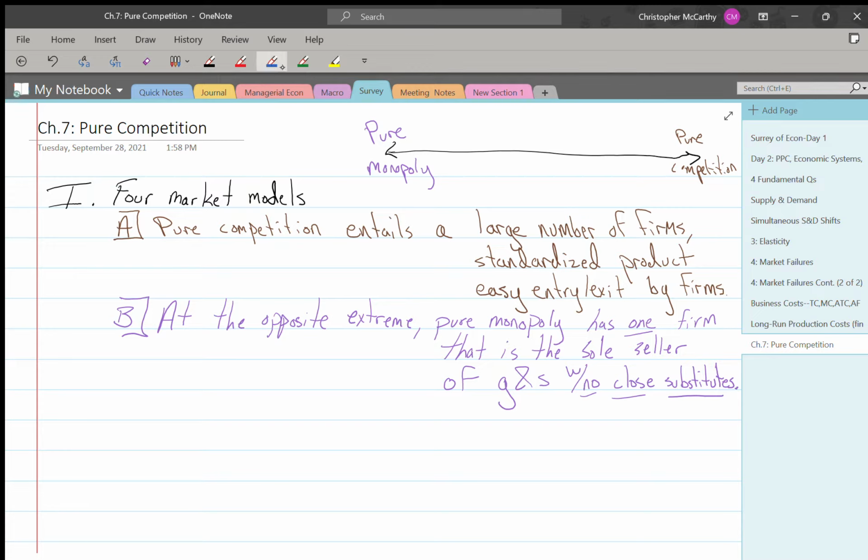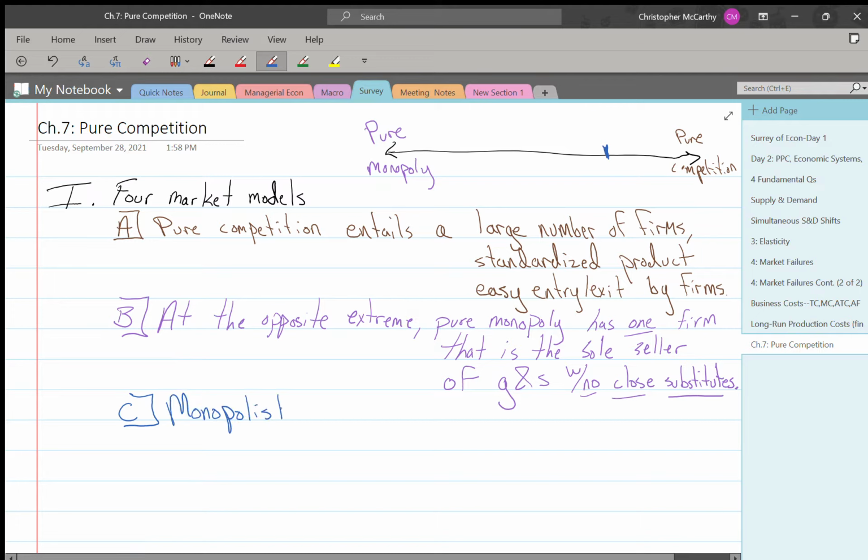Now, what's in the middle here? In the middle, we've got the thing that's closer to pure competition, called monopolistic competition. Kind of annoying, they just cram those 2 words together.